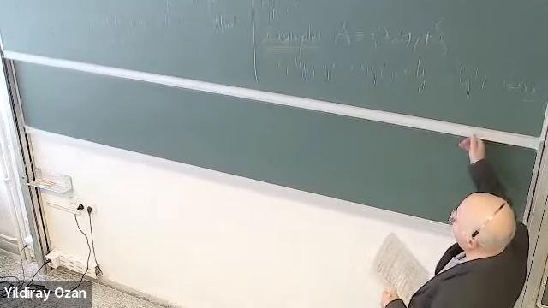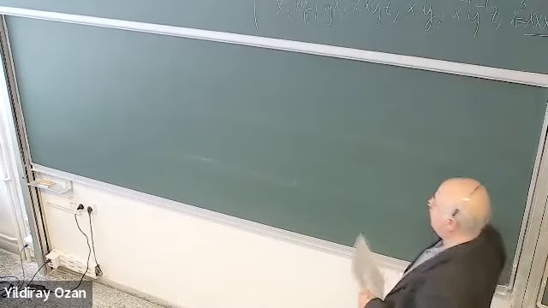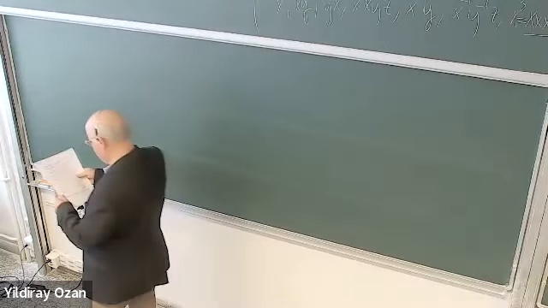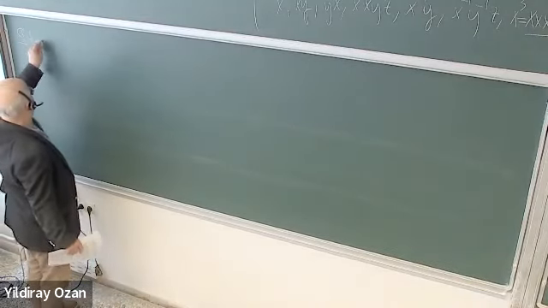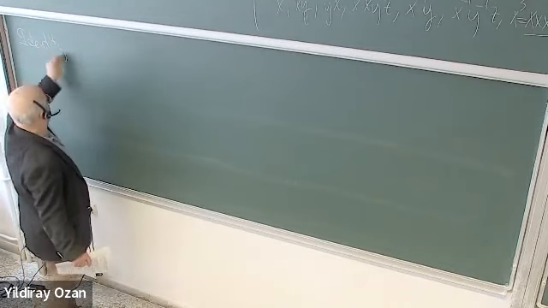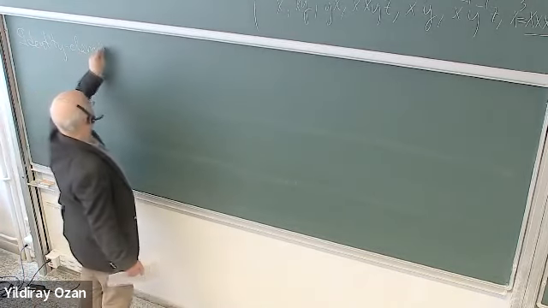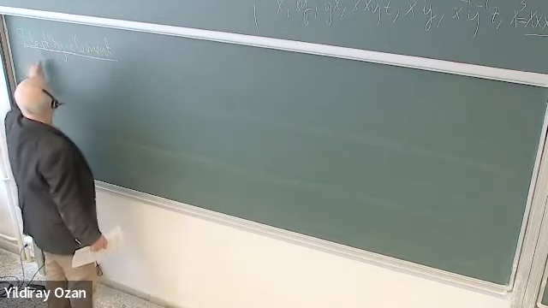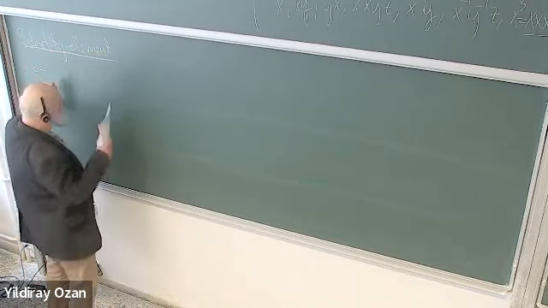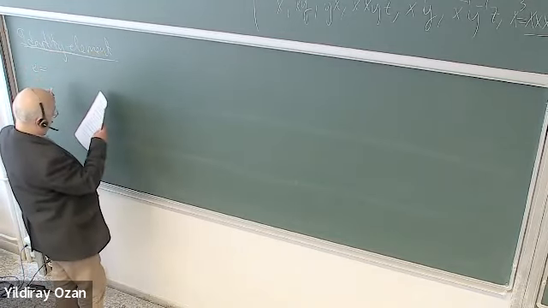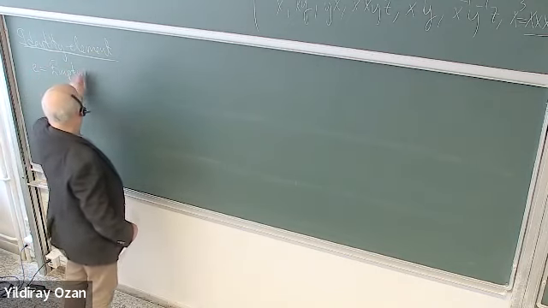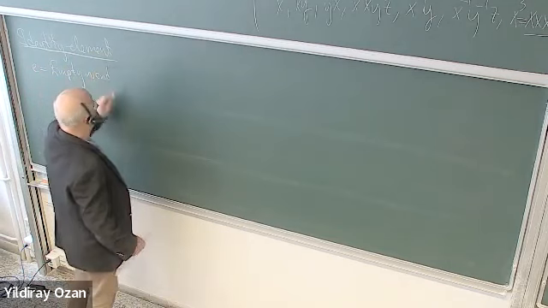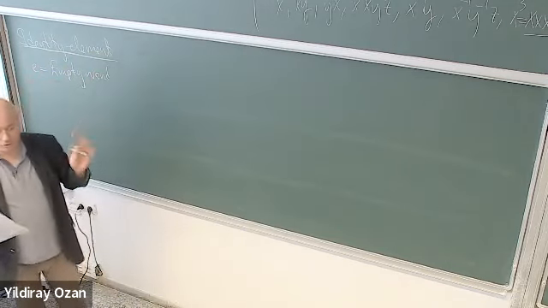Okay. So these are the elements of the free group. The identity element is the empty word. So this is the empty word, no word, okay?